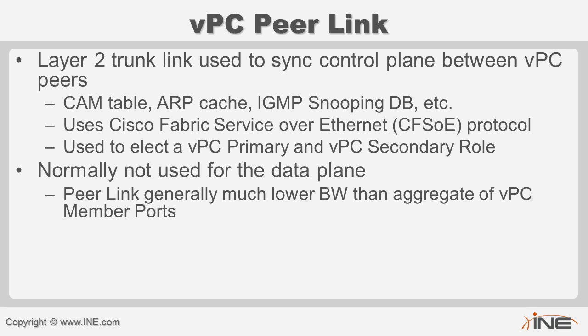So for example, if we take a look at our physical topology here, we see that we have the 7Ks that are going down to some downstream devices. So if we look here between the two of them physically, we have these two 10 gig Ethernet ports.